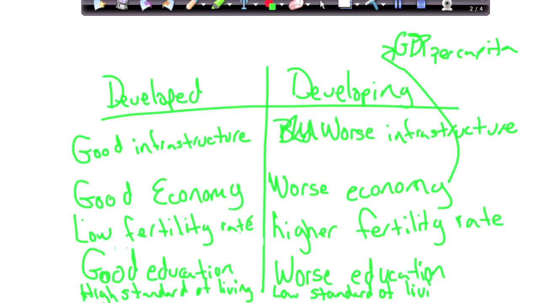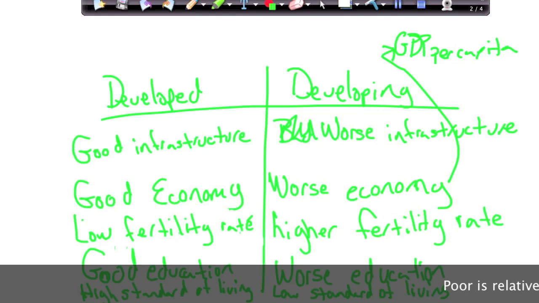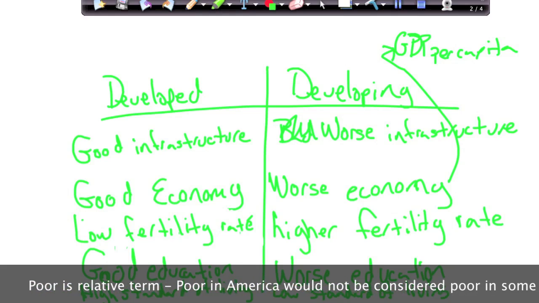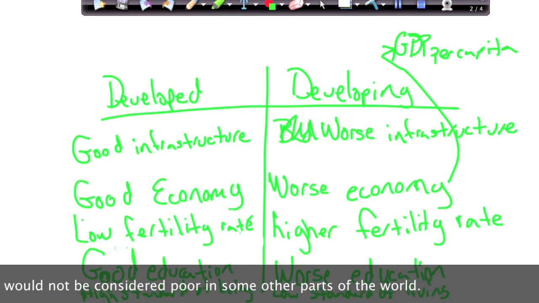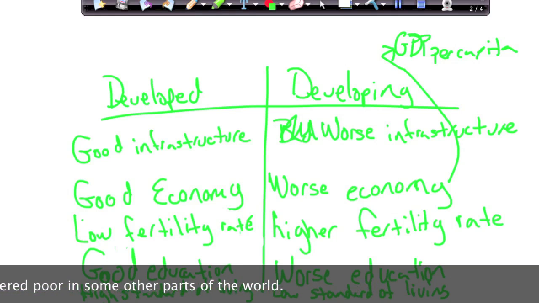The way I describe it is, if you could decide where you're going to be born, you're going to want to be born in a country with a high standard of living. It is much better to be poor in America, with a high standard of living, good infrastructure, and good economy, than it is to be born poor in a developing country with a low standard of living, like Haiti or Congo or Sudan or any number of countries.